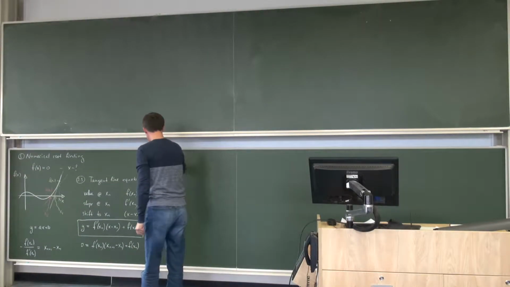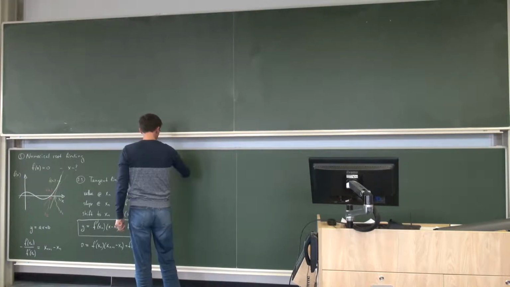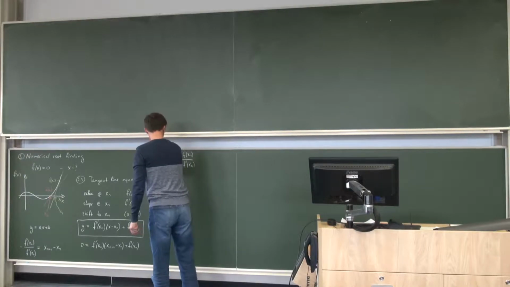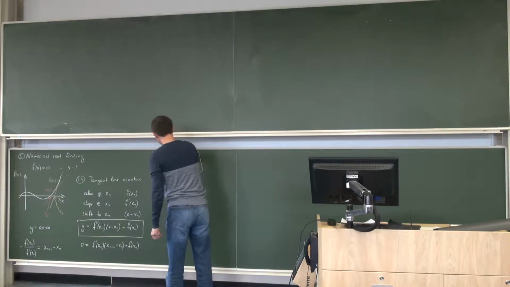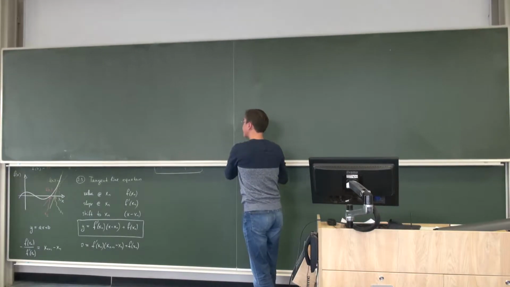What we get is xn plus 1, the next best guess, is xn minus f of xn divided by f prime of xn. And that is called the Newton-Raphson iteration.